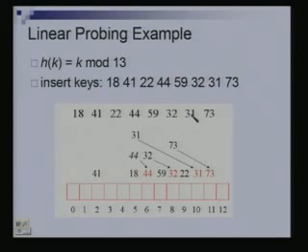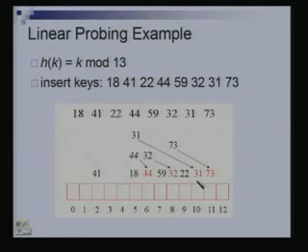31, 31 mod 13 is 5. So we should have put 31 here, but this location is occupied with 18. So we go to the next location, which is occupied by 44. So we go to the next location, which is occupied by 59. So we go to the next location, which is occupied by 32 already. So we go to the next location, which is already occupied by 22.